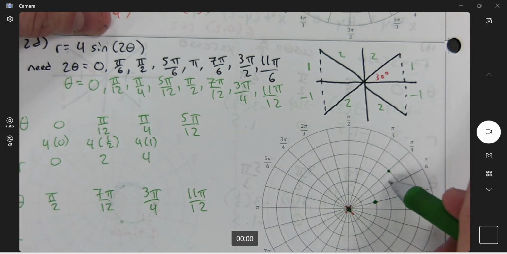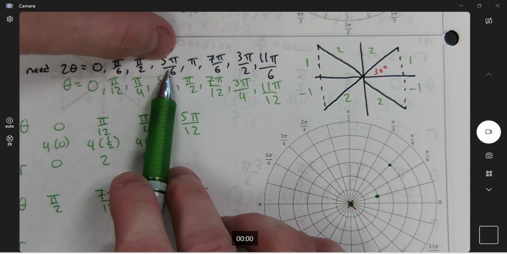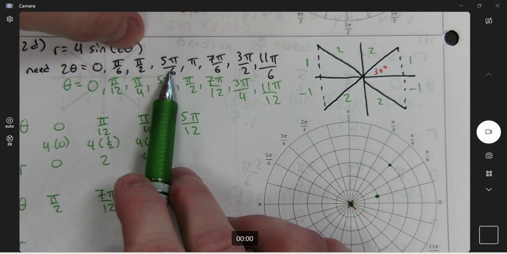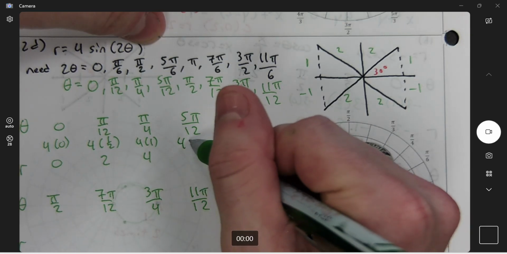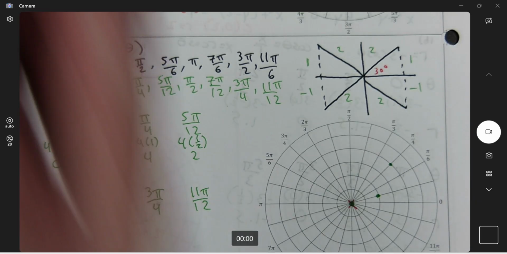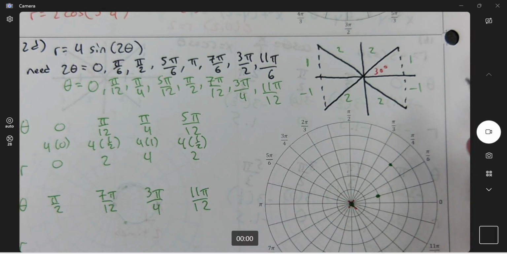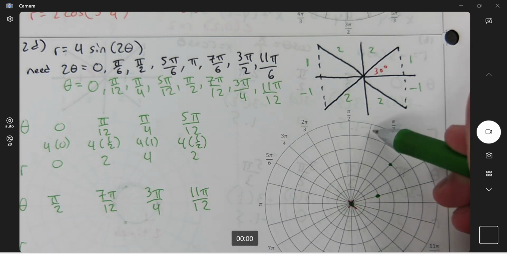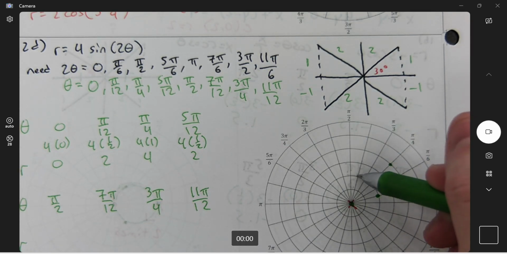So it's continued counterclockwise. 5 pi over 12 forces sine to evaluate at 5 pi over 6. That evaluates here. 1/2 again. Then we're at 5 pi over 12, 2 comma 5 pi over 12. This is the 1, 2, 3, 4, 5th. Here's the 5th pi over 12. It's right here. And we're on the second ring, right there.